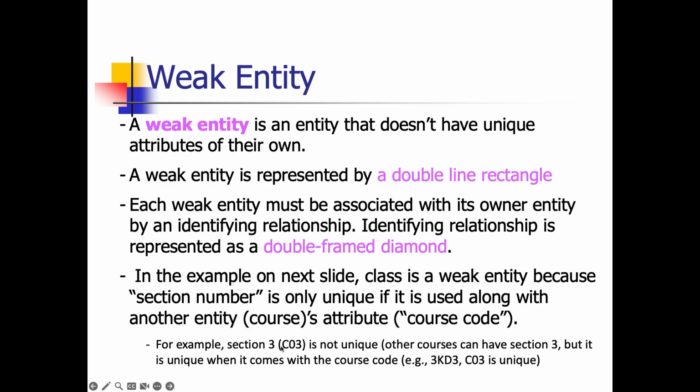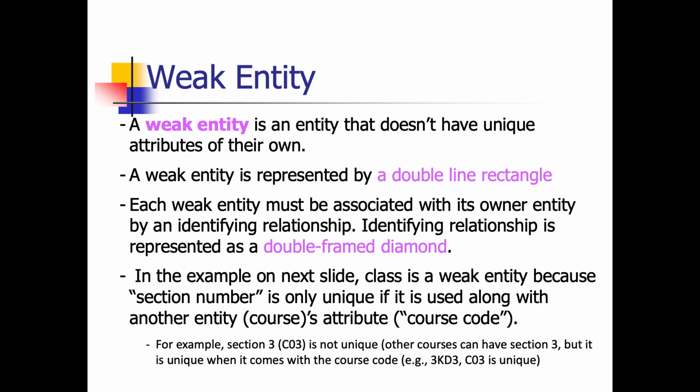So this is another example. If you say section 3, it is not unique because other courses can also have the same sections, right? Here you see the same course with different sections. But each of these sections can also be for other courses.